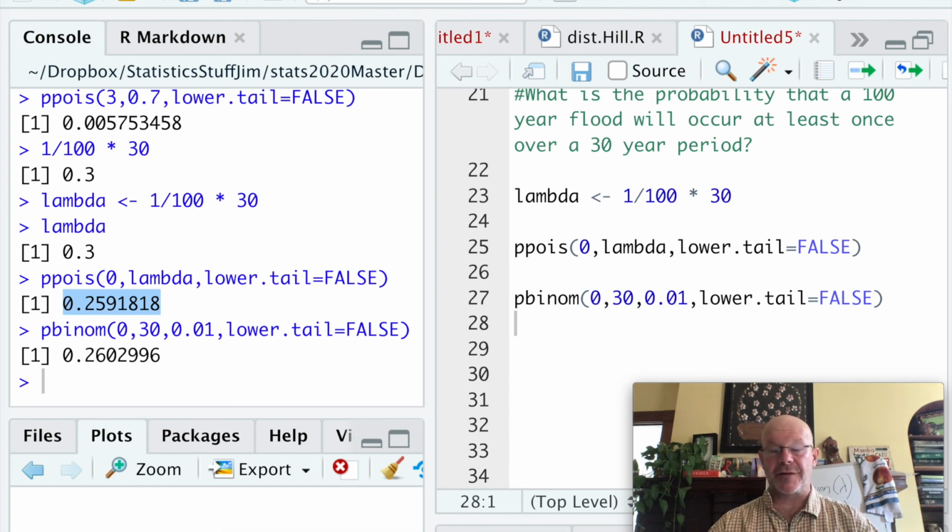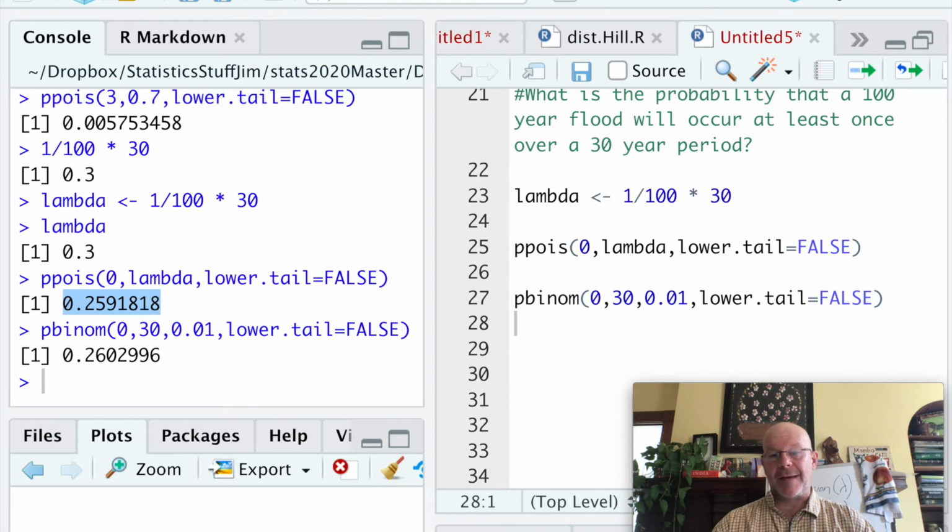So the only discrete distributions that we're playing with in this class, at least up to this point, are the binomial and the Poisson. But who knows? There's actually a bunch of different discrete distributions. Multinomial, geometric, negative binomial. There's all kinds of them. So lots of different ones to choose from.